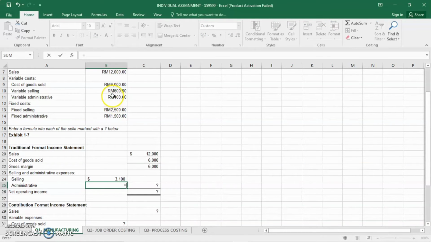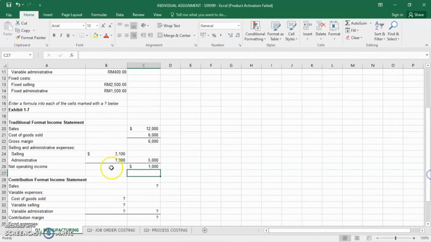And for administrative expenses, variable administrative plus fixed administrative. And the total expenses is selling expenses plus administrative expenses and get 5,000. And then gross margin minus total expenses and get net operating income.